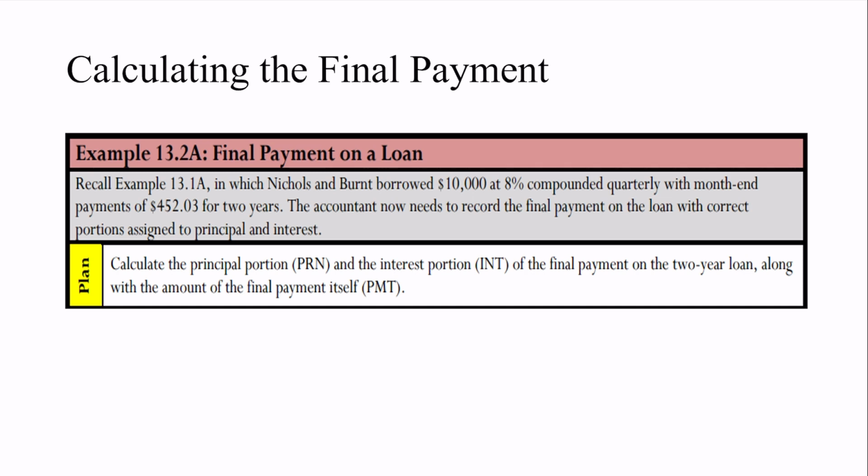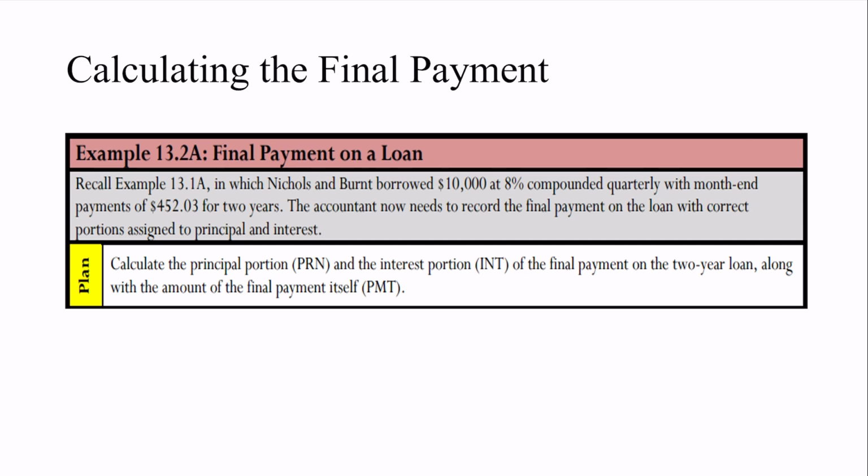So the final payment, in which Nicholas and Bernd borrowed 10,000 at 8% compounded quarterly with month-end payments of 452.03 for 2 years. The accountant now needs to record the final payment on the loan with the correct portion assigned to principal and interest. Now, how can we do that? You know that the final payment will be the payment of the 24th.